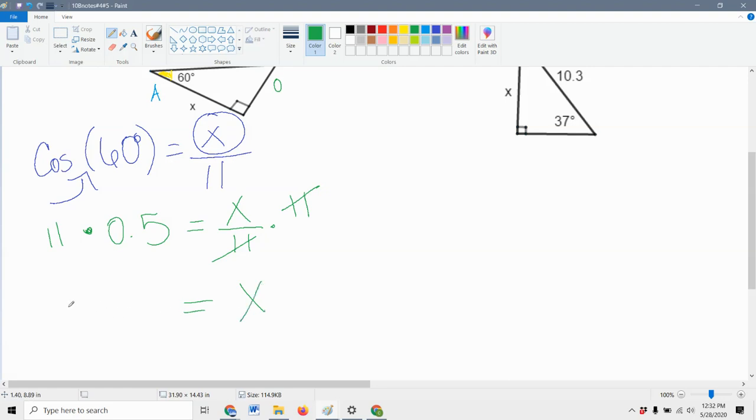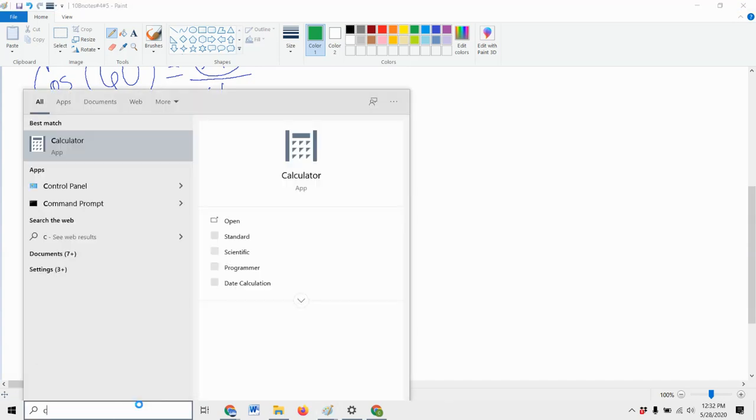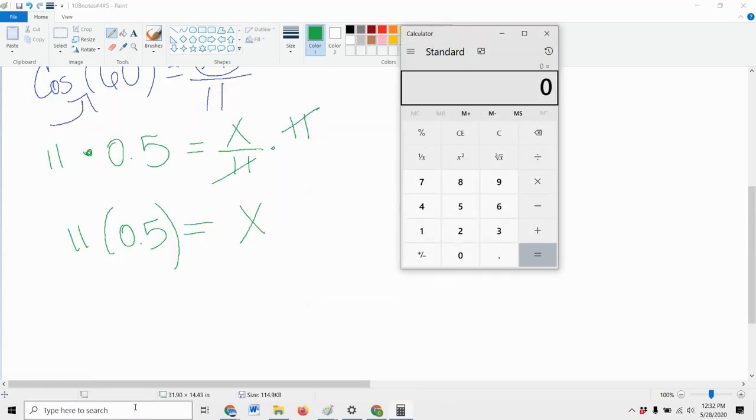And that will give us 11 times 0.5 equals x. Of course, when we multiply 11 times 0.5, please feel free to use a basic calculator. We're going to get 5.5, right? So 11 times 0.5 is going to give us 5.5.